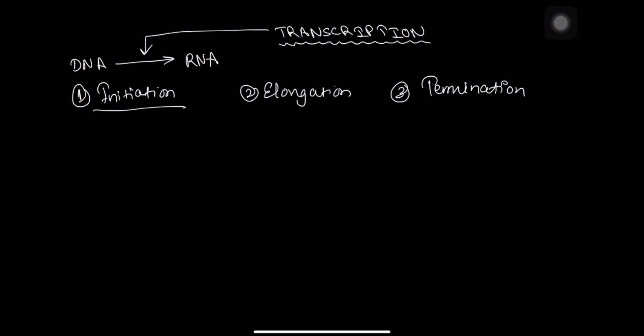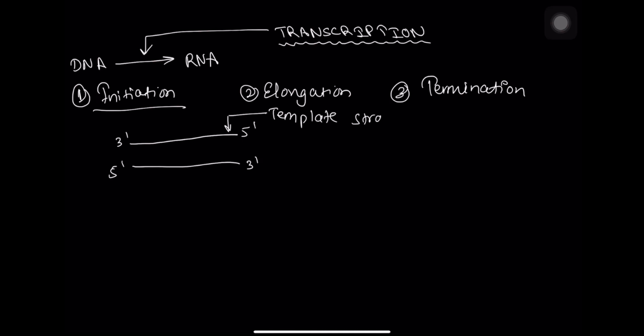First of all, that is the initiation step. What we have to know is, this is DNA. In transcription, of these two strands of DNA, one strand is known as the template strand, and another strand is what we call the coding strand.